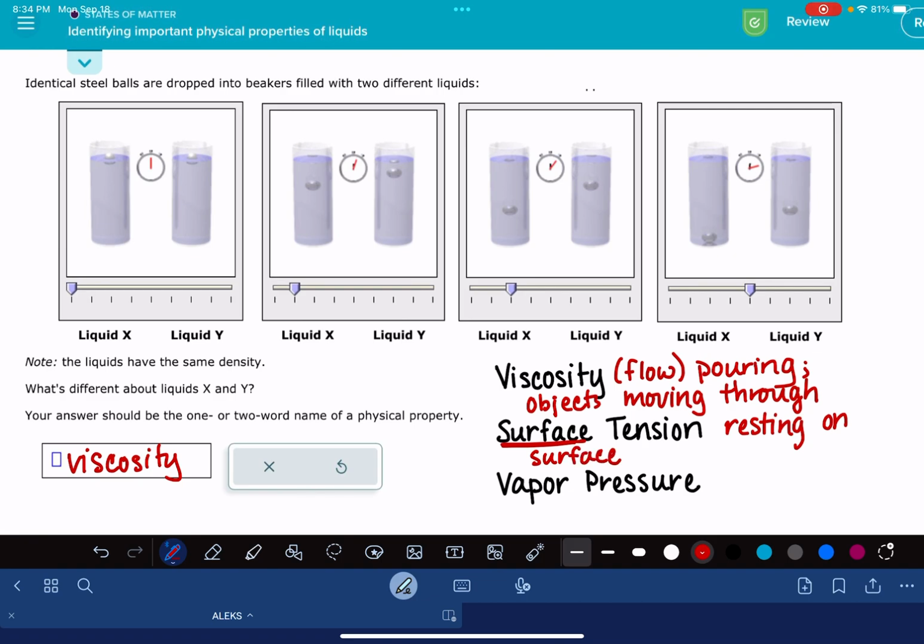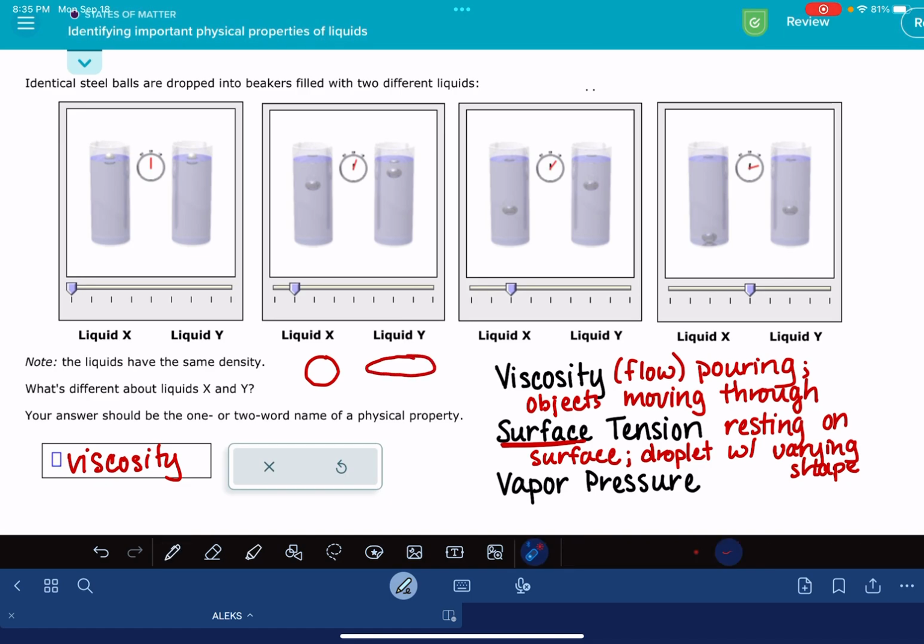I saw another surface tension problem where it was a droplet of the liquid that was being pushed by air, or falling through the air or something along those lines. It was showing the varying shape of that droplet as it was being pushed through air. One droplet was staying pretty rounded, and one of them was kind of flattening out.